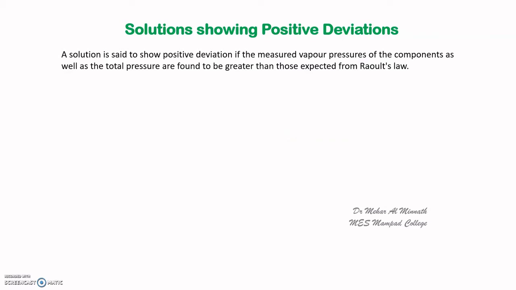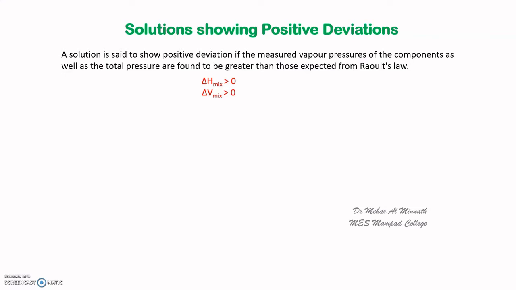In Raoult's law, we have seen the partial vapor pressure moves in a straight line. For component A, it decreases, and for component B, it increases as component B is added to the solution. But in solutions showing positive deviation, the vapor pressure of a particular component and the total pressure of the solution is greater than what is expected.